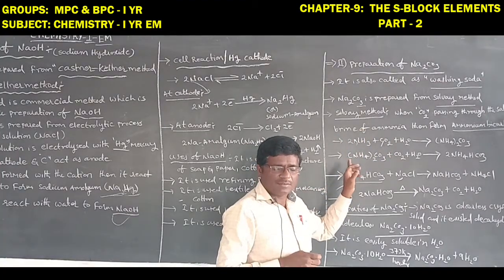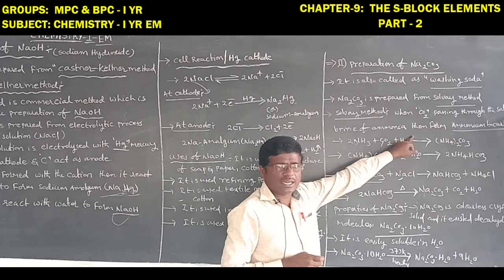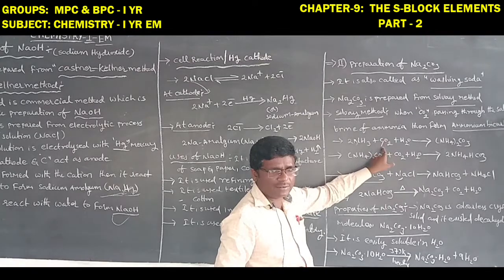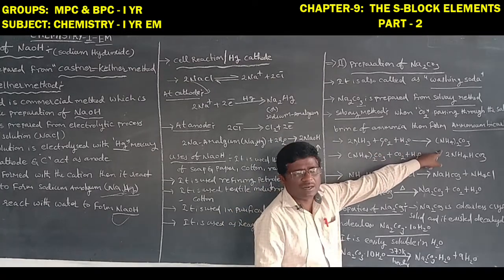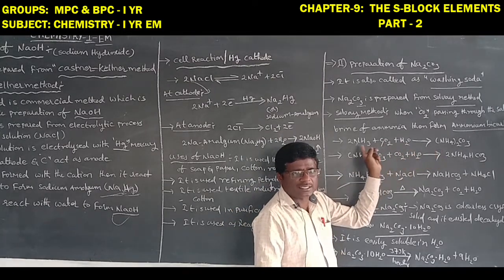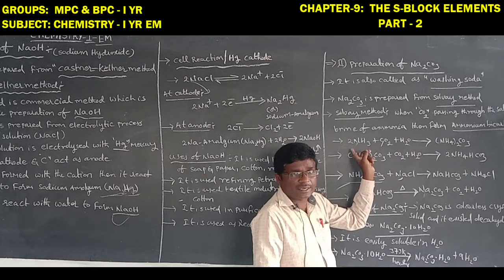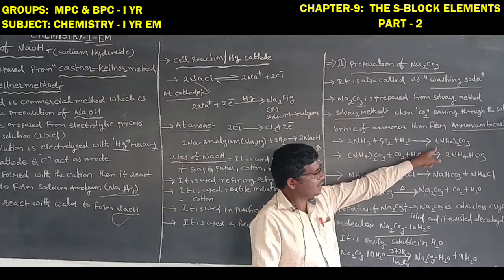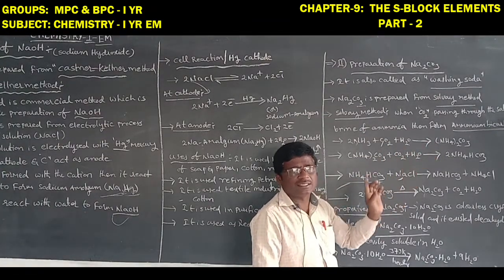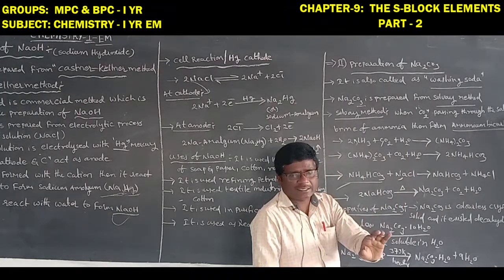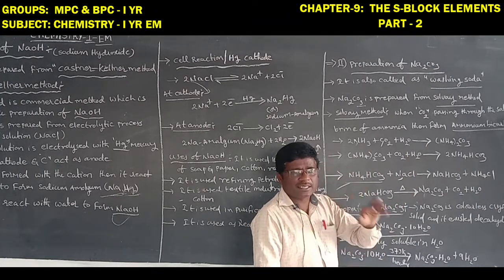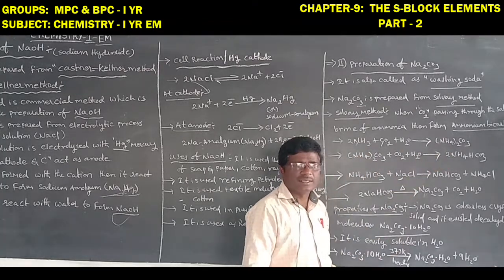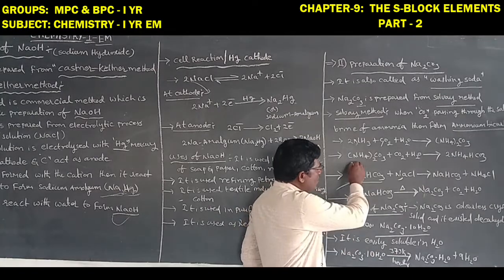In the first step, when carbon dioxide is passed through saturated brine of ammonia solution, ammonium carbonate is formed.